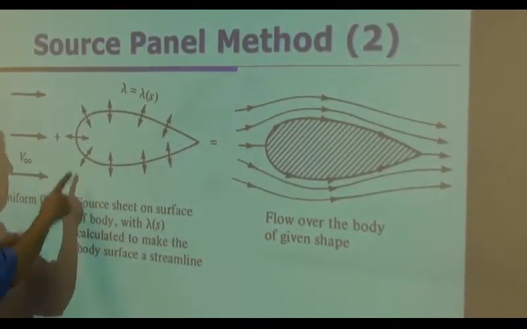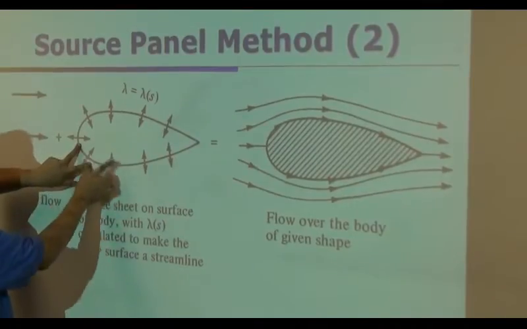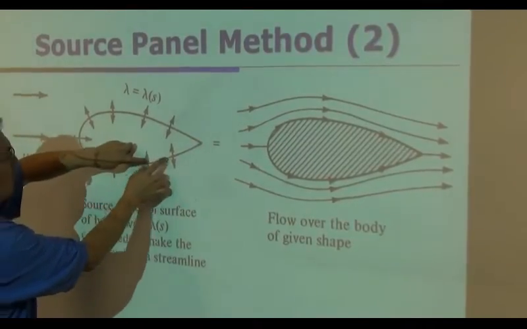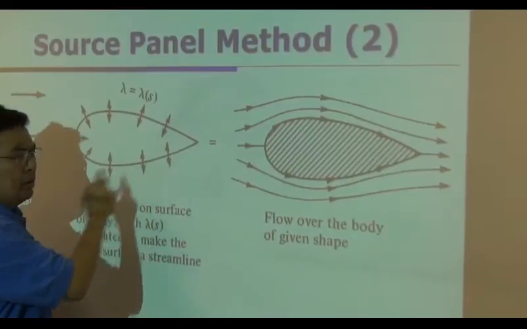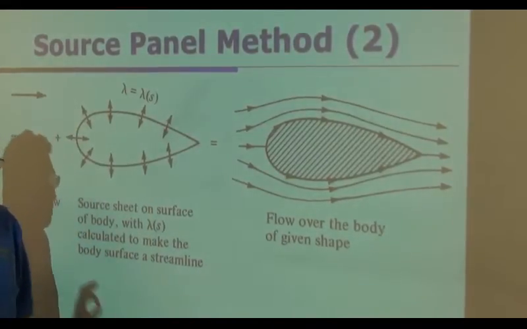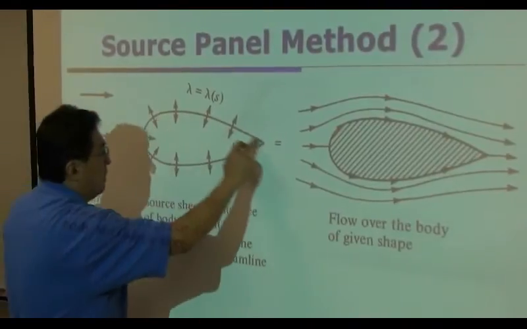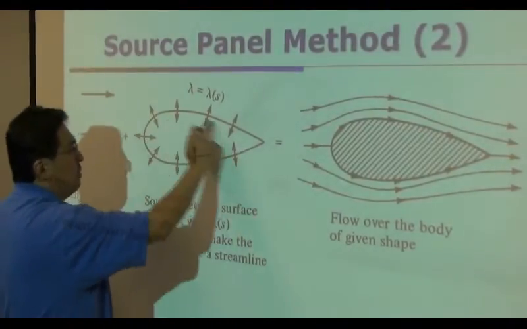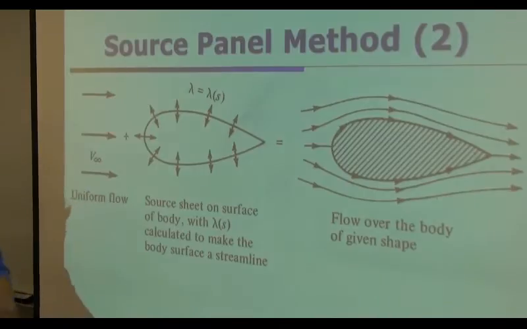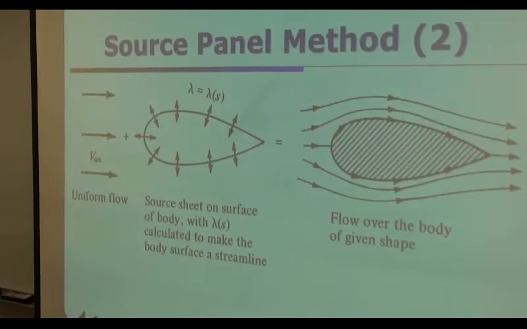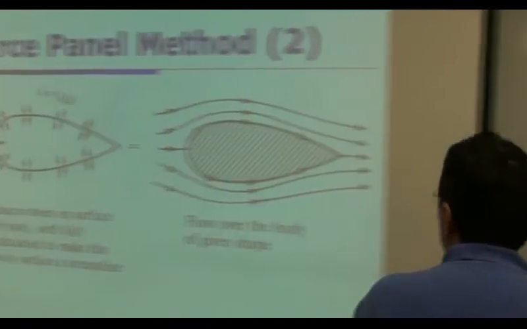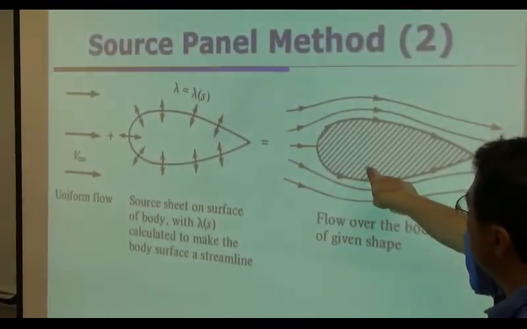So that means at each control point of the panel, the velocity perpendicular to the surface becomes 0. That actually forces the surface of each panel to become a stagnation streamline. Okay, so that is the basic idea of the source panel method. That represents the flow over a two-dimensional body like this.